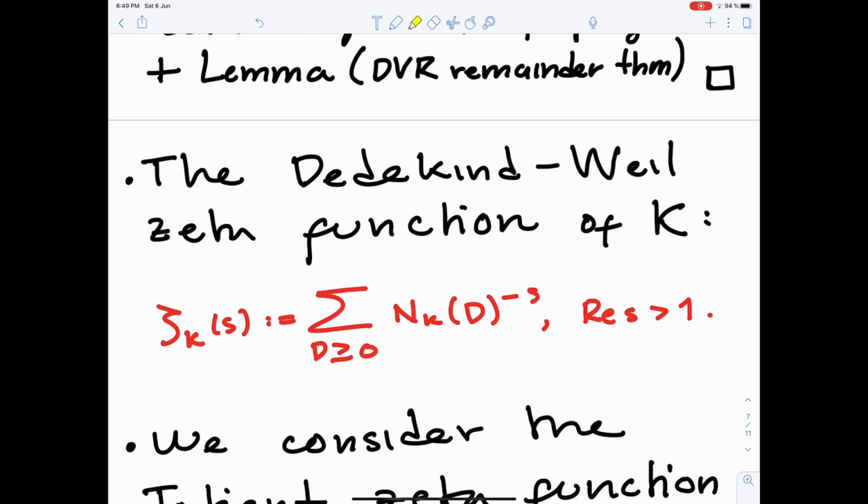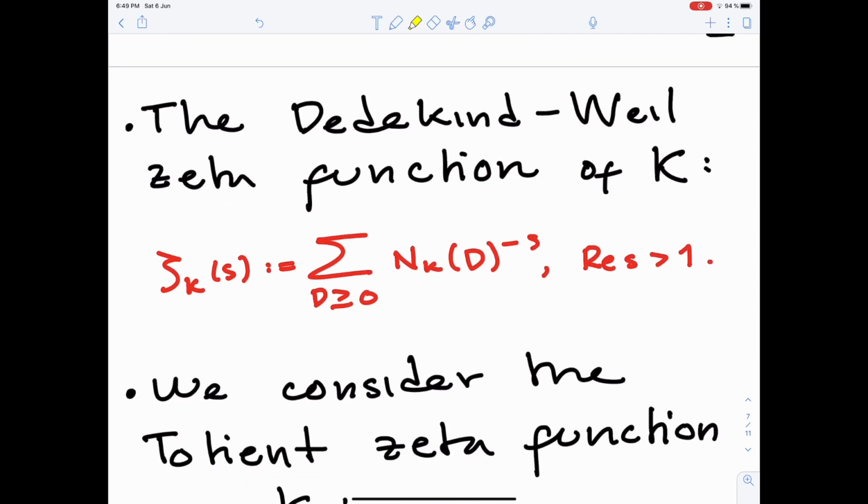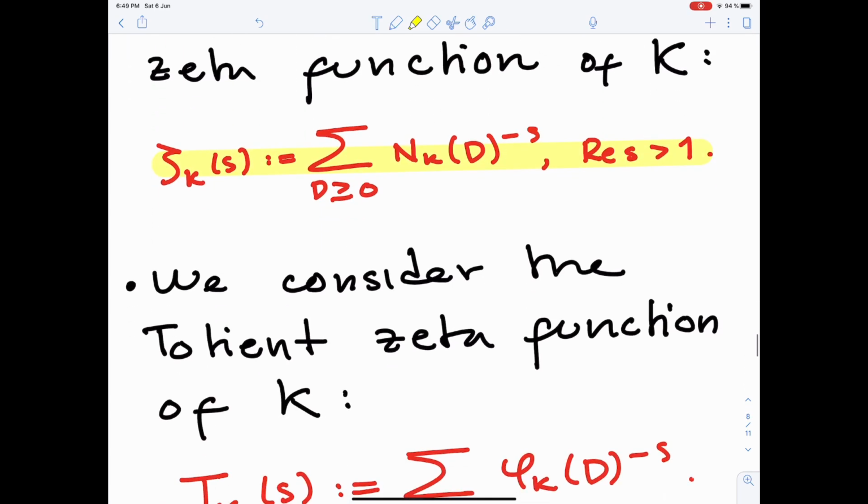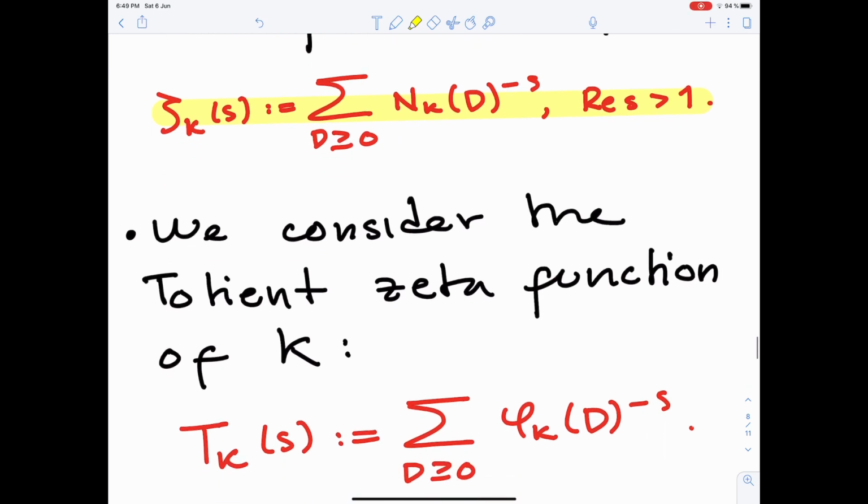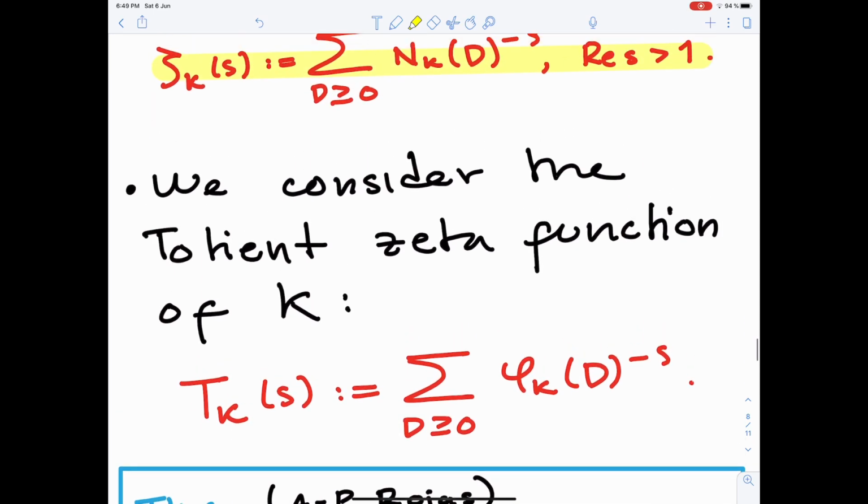As Bateman did, we consider the associated zeta functions. The Dedekind-Weil zeta function of K is the zeta function associated to the norm. And we consider the totient zeta function, or the Bateman zeta function, which is the zeta function associated to the Euler function.